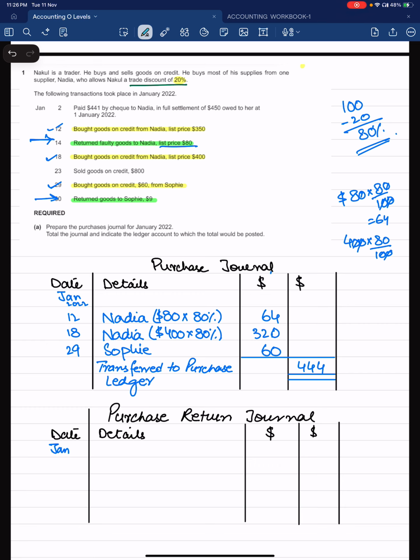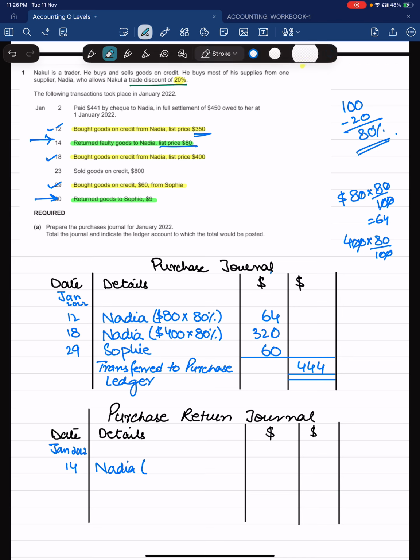जनवरी 2022 में on 14th January we have returned goods to Nadia and there is a list price given. It means return faulty goods to Nadia. Okay, I have committed one mistake. It was 350. So इसको करेक्ट कर लेते हैं.